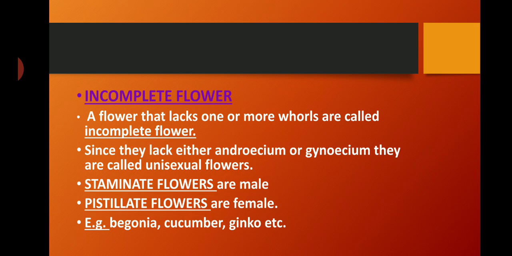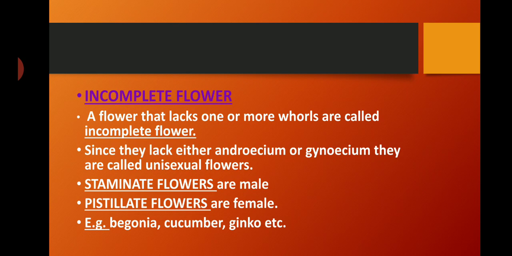Next type of flower is incomplete flower. A flower that lacks one or more whorls is called an incomplete flower. So if any of the whorls is absent, or it lacks any of the whorls, it will be called an incomplete flower.